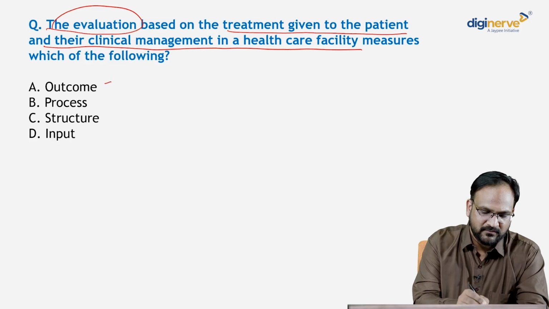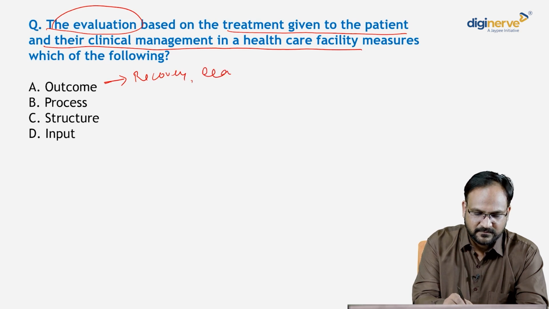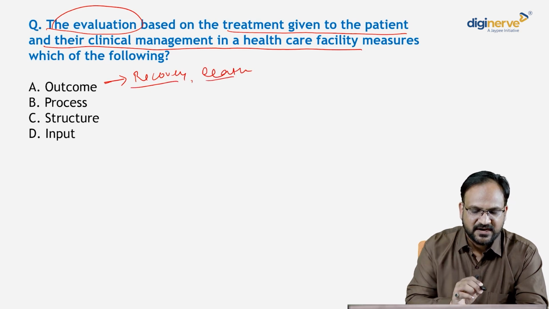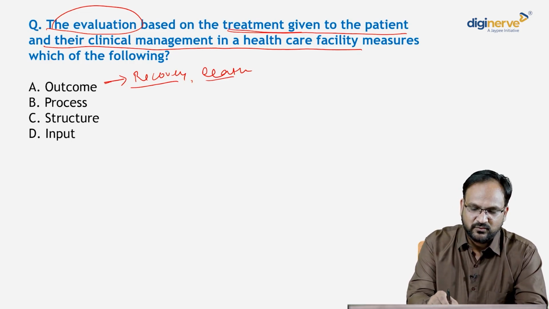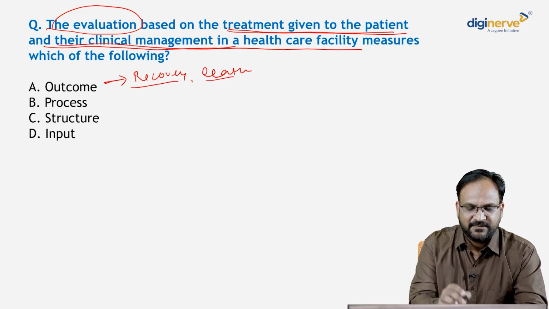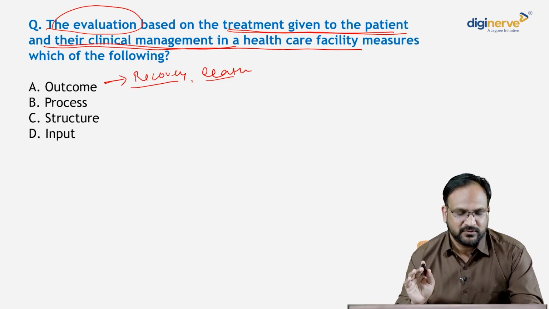Number one is outcome. What is outcome? Outcome is either recovery or death. So we are not talking about the outcome here, because the question is saying the treatment given to the patient and the clinical management. Now they are giving the treatment, they are managing the patient clinically, not talking about the outcome.